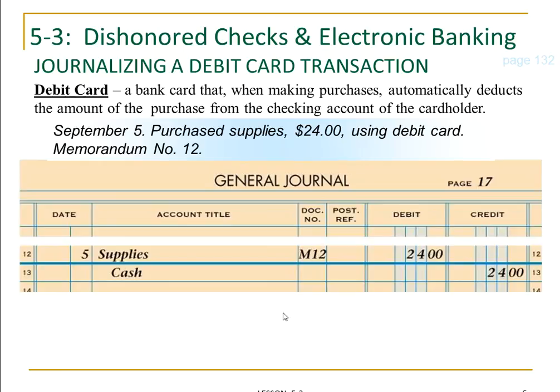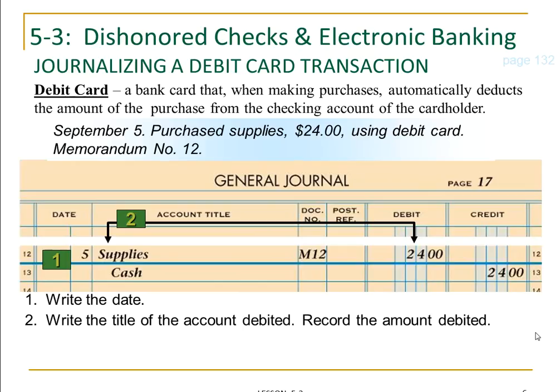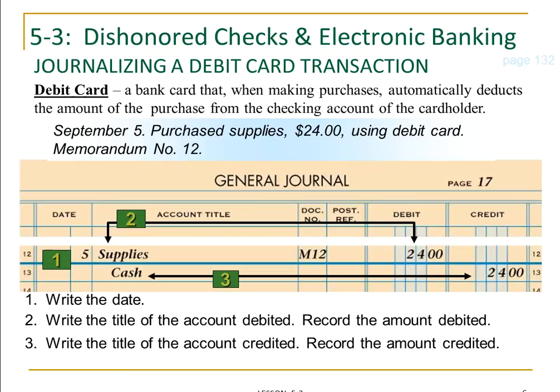So if we paid for supplies on September 5th using our debit card, we would record it on a memorandum as well, in this case memorandum 12, instead of writing a check. We would debit supplies for what we were purchasing, and credit cash to show that our cash is going down by the $24 that we used the debit card for the purchases.